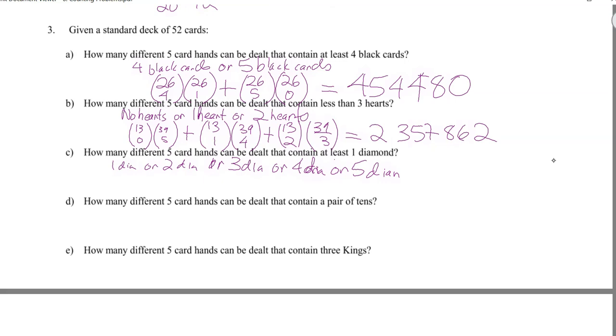So what we can do is take our 52 choose 5, all possible hands. From that, let's subtract the ones that contain no diamonds. 13 choose 0, 39 choose 5. So this is all possible hands. These are the ones with no diamonds, and then what we'll be left with is the hands that contain 1 diamond, or 2, or 3, or 4, or 5, and instead of having to do something like this, we can simply do this.